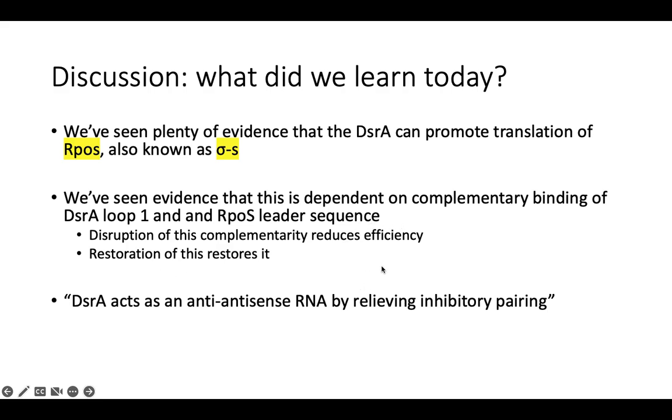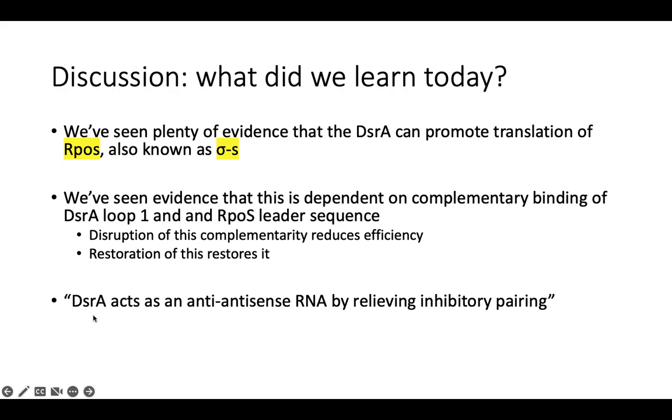We've seen a lot of evidence that the complementary binding of loop 1 of DsrA and the rpoS leader sequence is very important for its function. We've seen that disrupting the complementarity reduces the efficiency of rpoS translation, and that when we restore the complementary binding between DsrA and rpoS, it restores the efficient translation of rpoS.